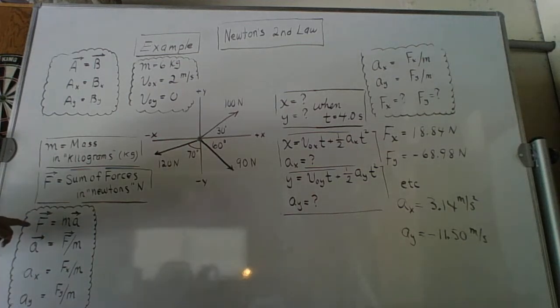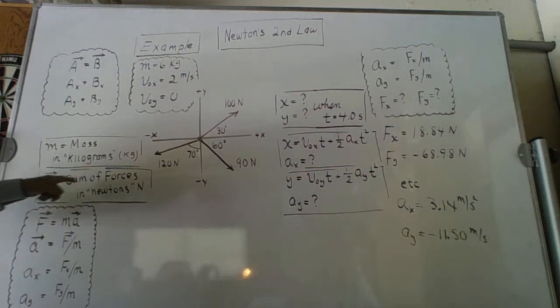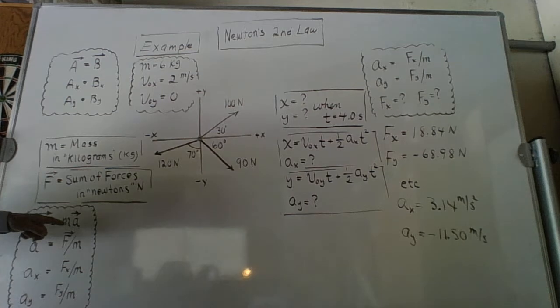Newton's second law says that the total force, the sum of forces acting on an object, equals the mass of the object times the acceleration that is caused by those forces.